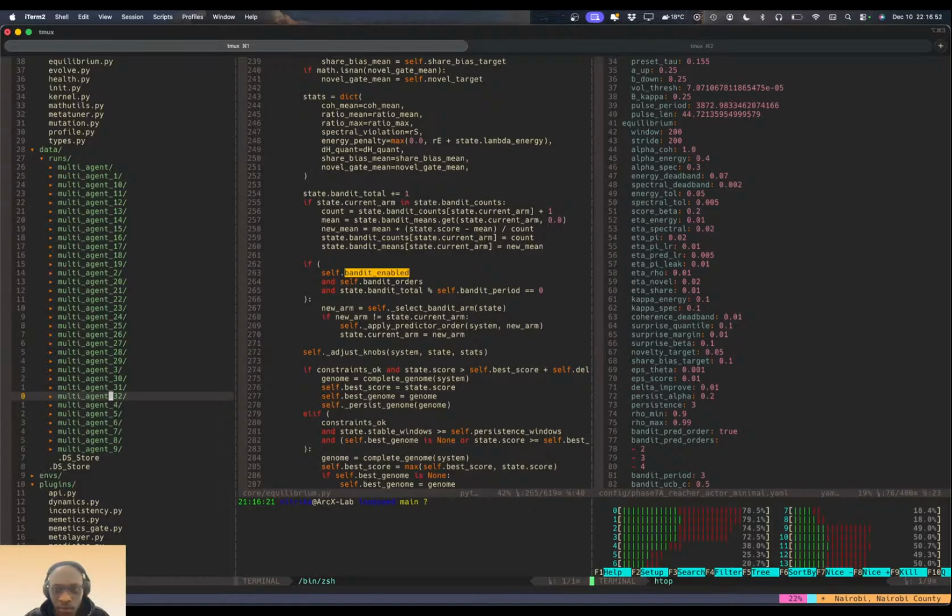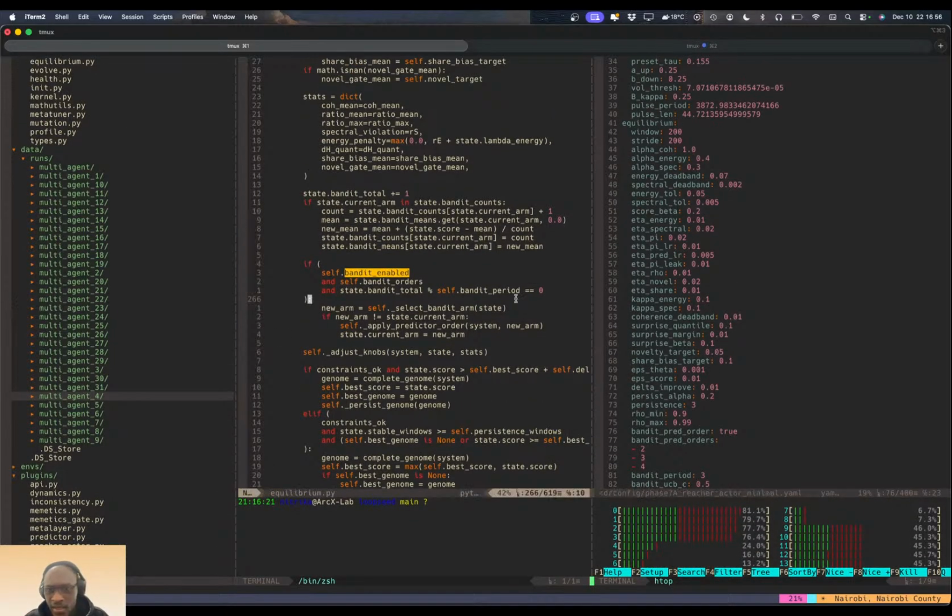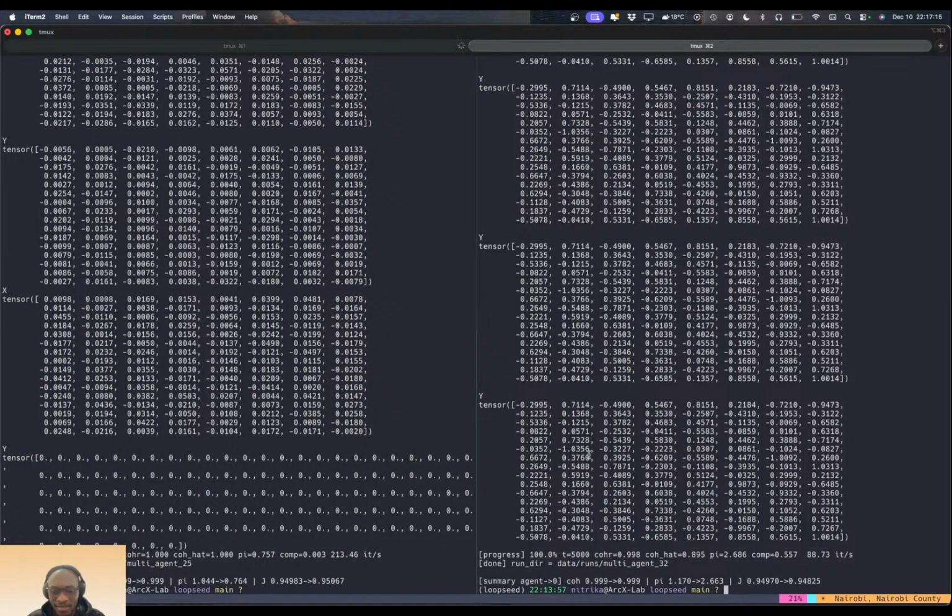Well, at least we know what's happening. So let's turn bandit on so that the system keeps changing its dimensions every time. And do we want that in the real environment anyways?